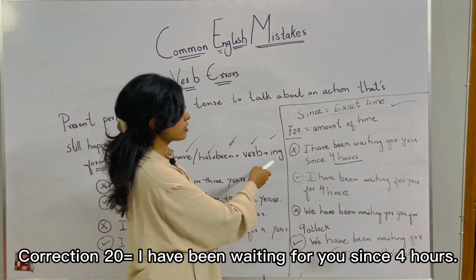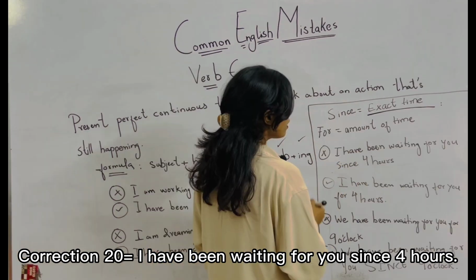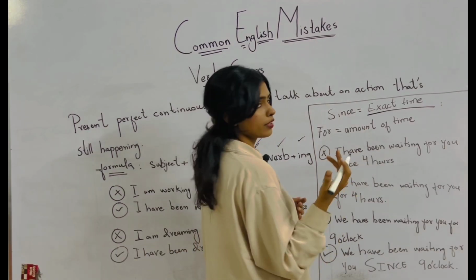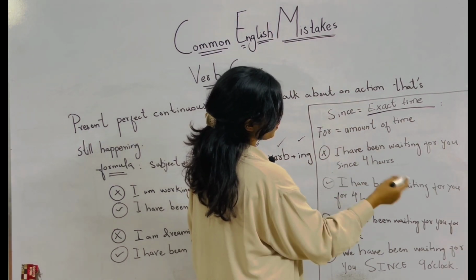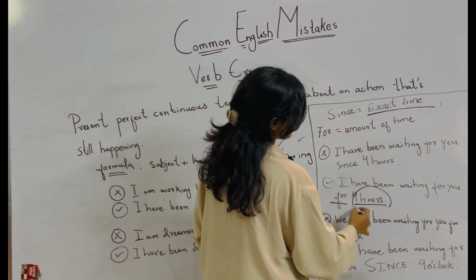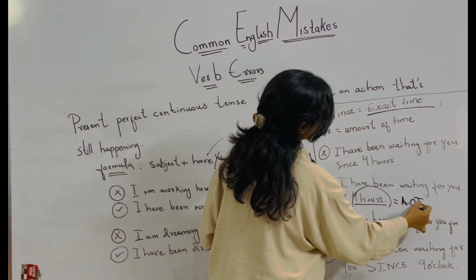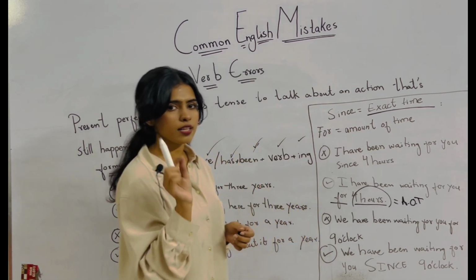So I have this sentence, I have been waiting for you since 4 hours. But the correction would be, I have been waiting for you for 4 hours, because 4 hours suggests an amount of time, not an exact time.